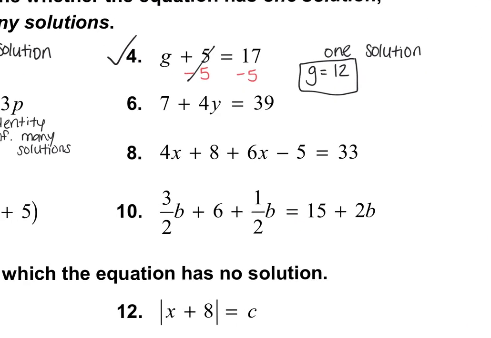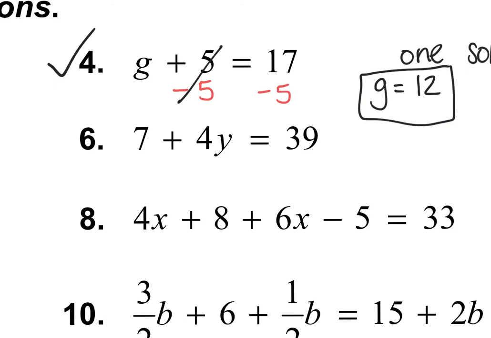Number 6. Okay, so we got 7 plus 4y equals 39, okay? This one's gonna be more than one step. So what we do is we find our variable, which was y. It's on the left side, so we need to get rid of everything else on the left. Let's get rid of any term that doesn't have y in it, so let's get rid of the 7.